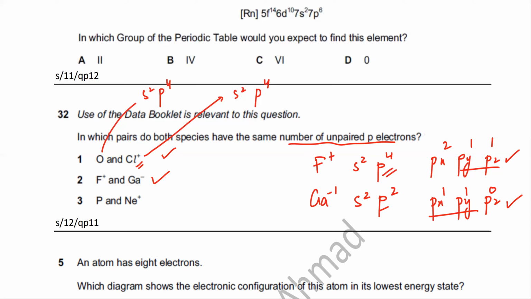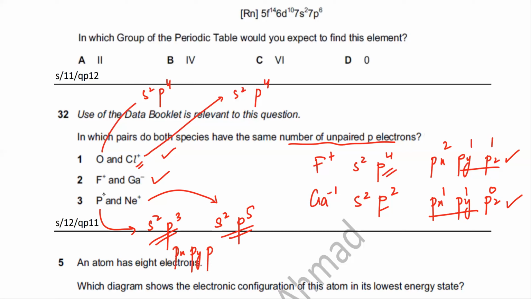So then you have the third one, which is phosphorus, group 15. So it's going to be S2P3. Neon is group 18. It's a noble gas, so it's going to be S2P6. But since it's +1, it's going to be P5. So their electronic configuration is obviously going to be different.